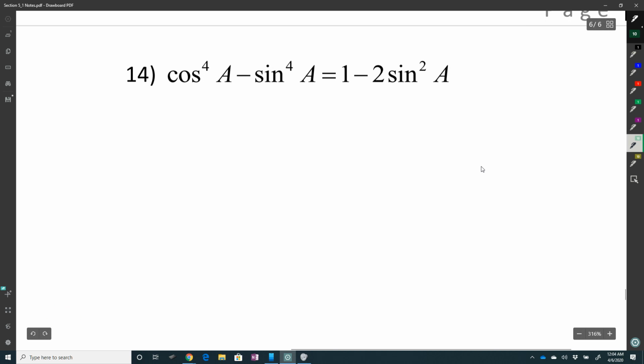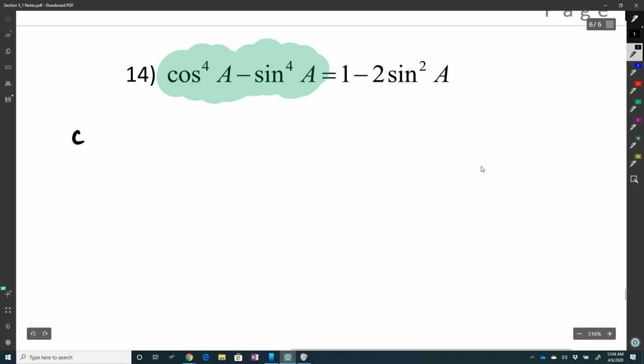So cosine to the fourth minus sine to the fourth equals 1 minus 2 sine squared. Here, I'm going to start with this side, just because it's something I'm familiar with.